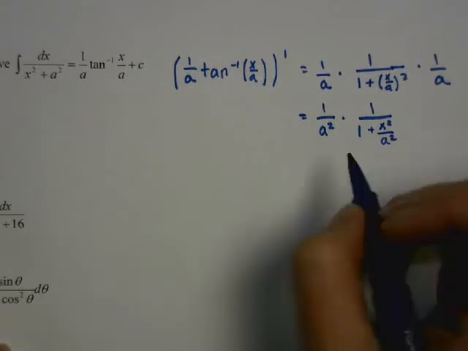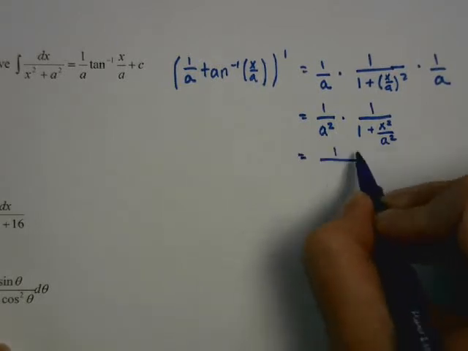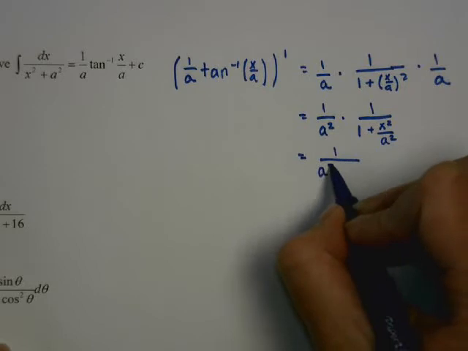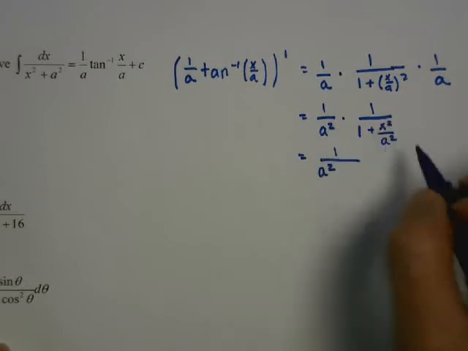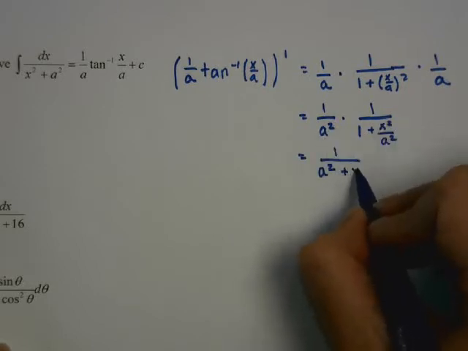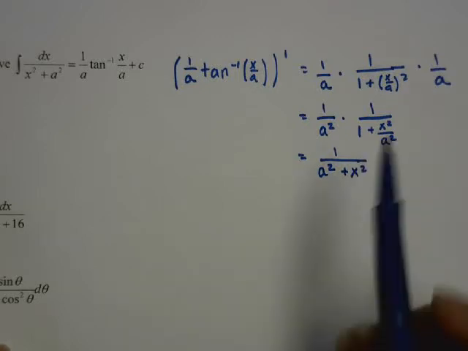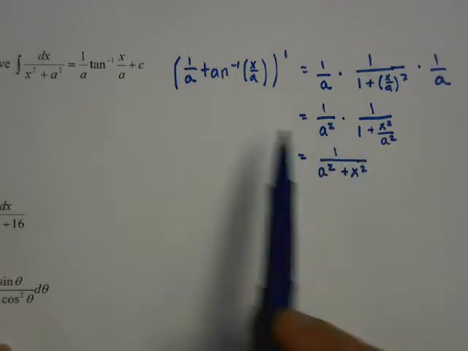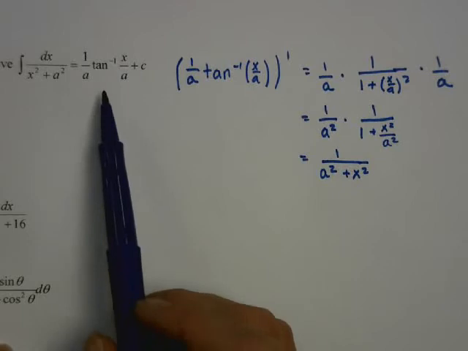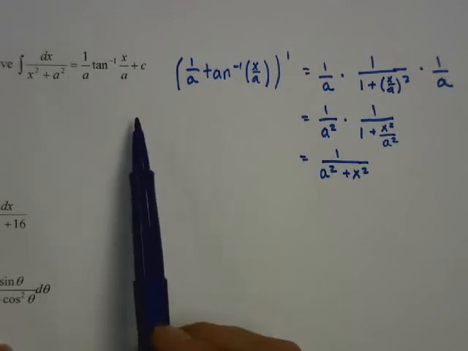So then we can just multiply this through. Get 1 over a squared times 1 is a squared times x squared over a squared is x squared. So the integral of this is 1 over a times the tangent inverse of x over a.